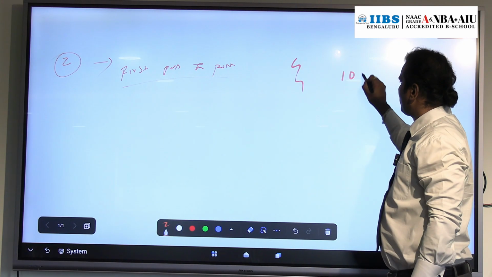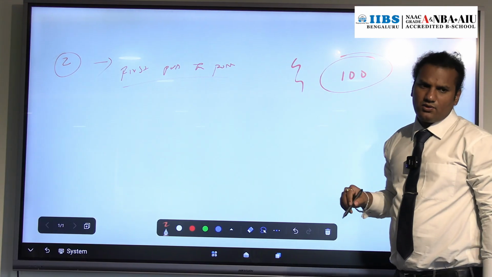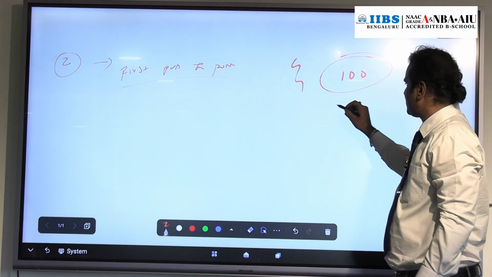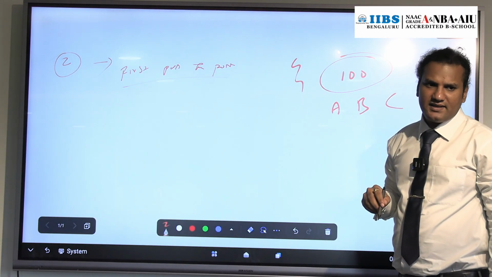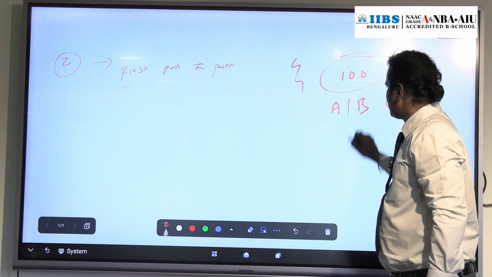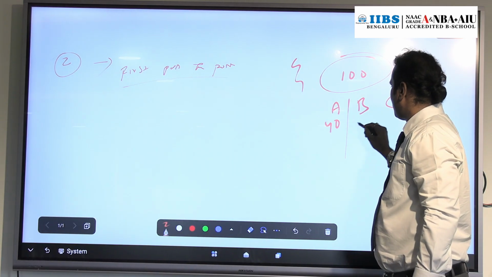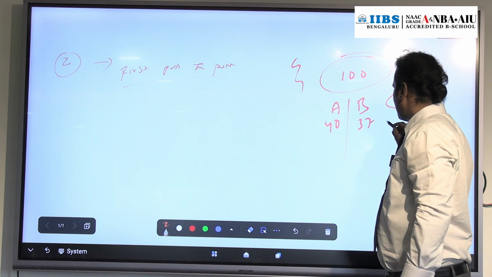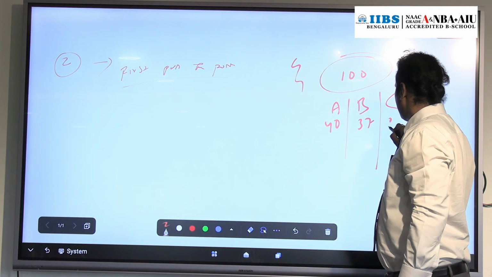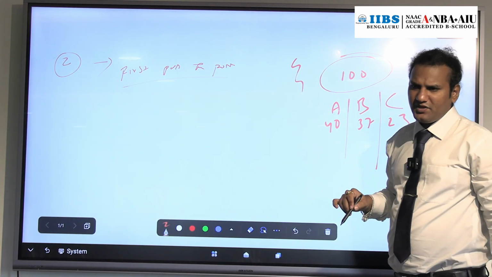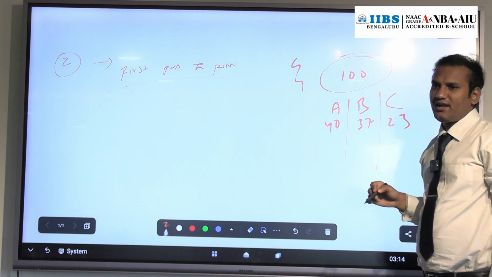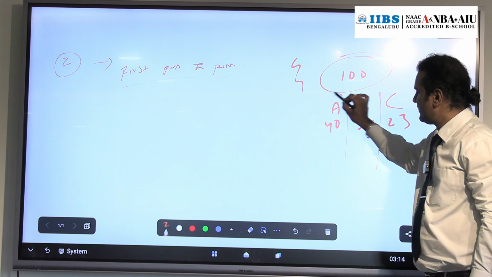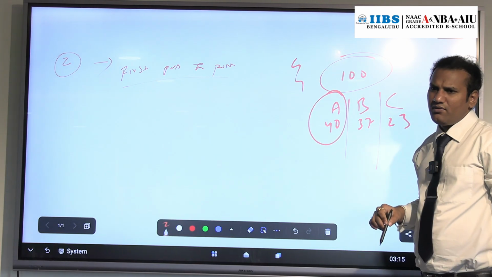We have a total of 100 valid votes and three candidates: A, B and C. A got, let's say, 40 votes, B got 37 votes, and C got the rest, 23. 40, 37, 23, that makes 100. Who is the winner? A, because A got the most votes.